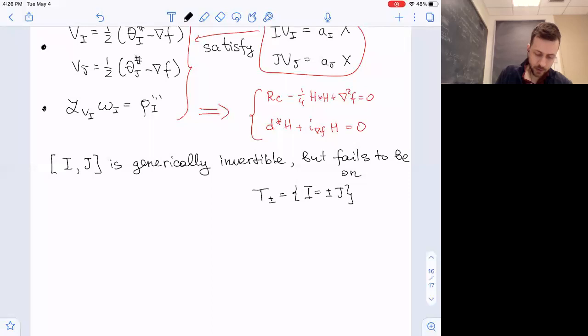And another difficulty is that X, the action of the circle on the manifold generated by X, is not free.